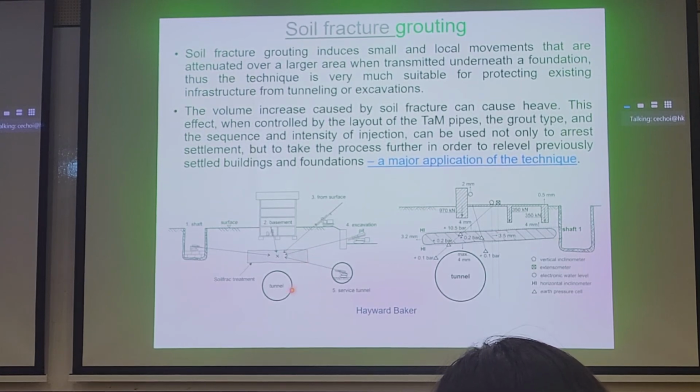And then when we carry out tunneling, the stress release will redistribute so that it doesn't cause substantial settlement of this building here with a very shallow foundation. Now, to create this soil frac beam, we have to have access to this particular depth in the ground.